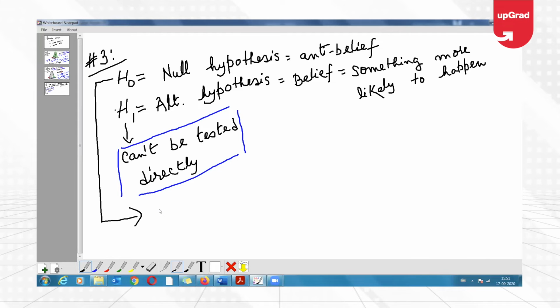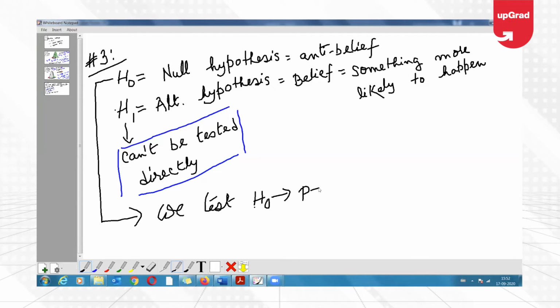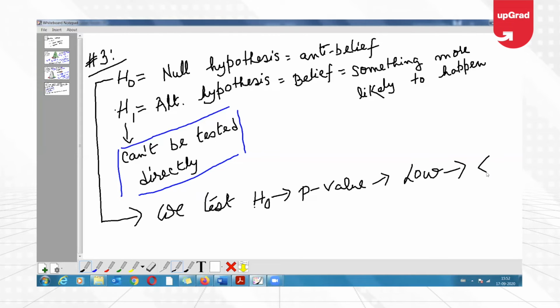So we test this, we test the null hypothesis. When we test the null hypothesis, we get a p-value. And what we want is for this p-value to be low. How low? Ideally less than 5%.